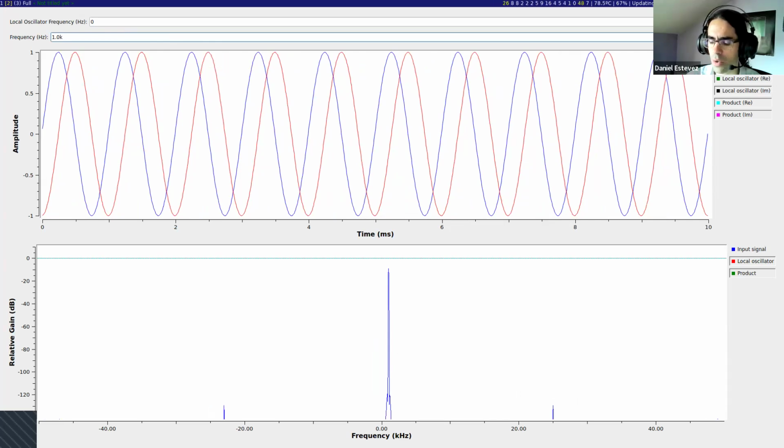Usually the real part is called I for in phase, and the imaginary part is called Q for quadrature, because you have a local oscillator, and what you get in the real part is what's in phase with your local oscillator, and what you get on the imaginary part is what is 90 degrees out of phase with the local oscillator, and 90 degrees is the same as saying quadrature.